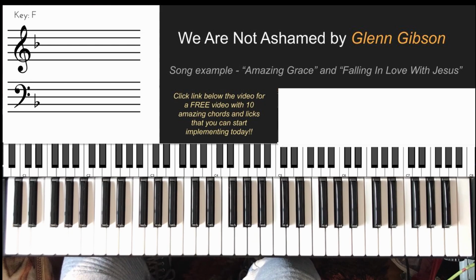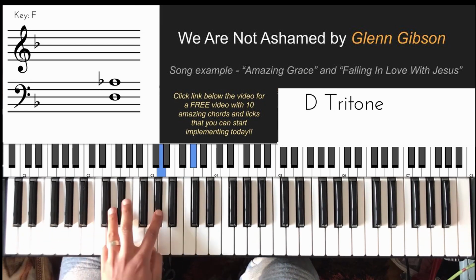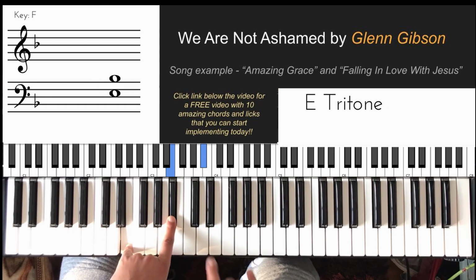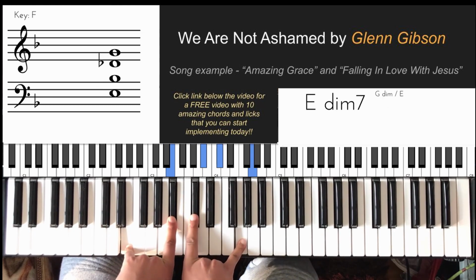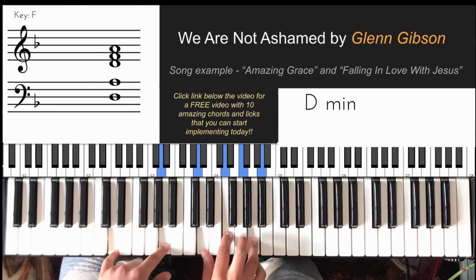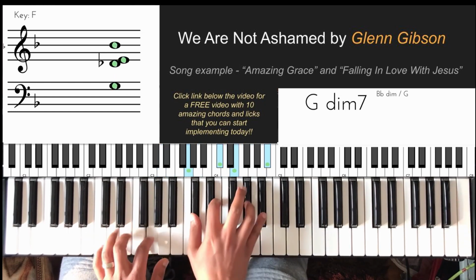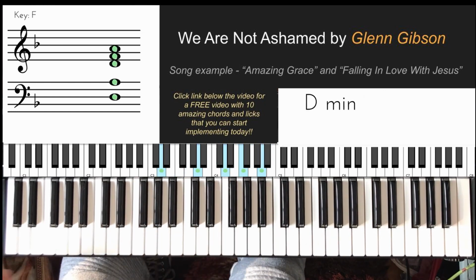So that's how you can play any tritone. Okay, so what we did was, when we got to this one, we added the tritone on the right hand. So we have that diminished chord and then walk up minor third to the 6. So that's how it sounds. So in Falling in Love with Jesus.